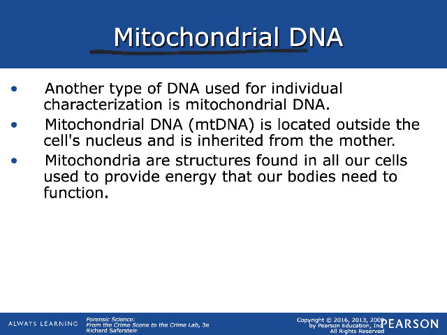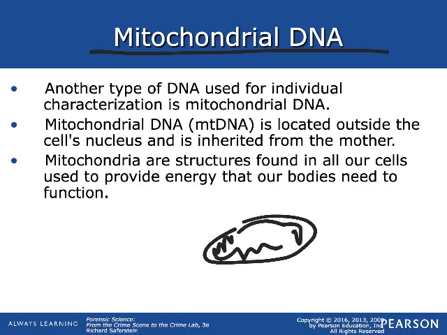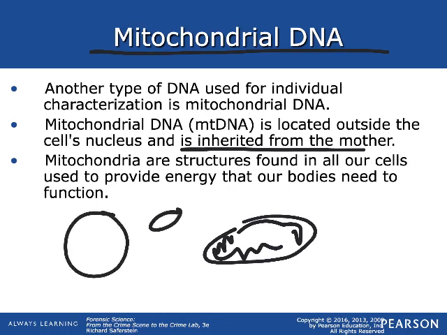Now, mitochondrial DNA is DNA found in a tiny organelle called the mitochondria. The mitochondria have their own DNA, and they make energy for the cell and for our body. They call it mtDNA. It's always inherited from your mom. I'll explain that in lab, but if you think about an egg and a sperm, the sperm is pretty much just DNA.